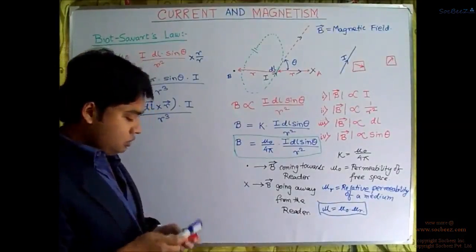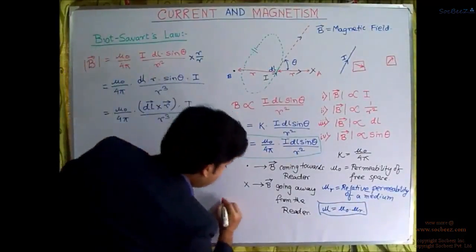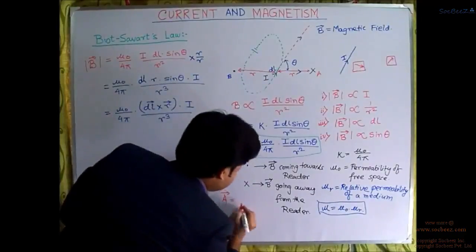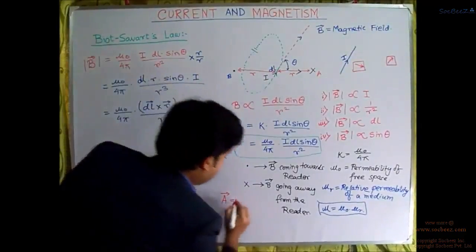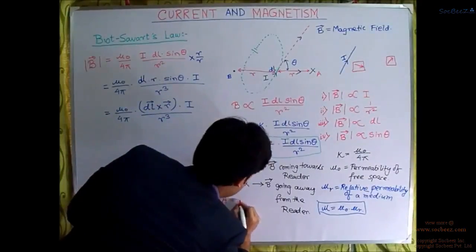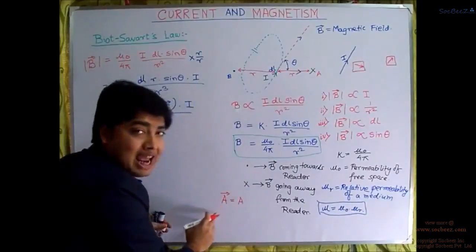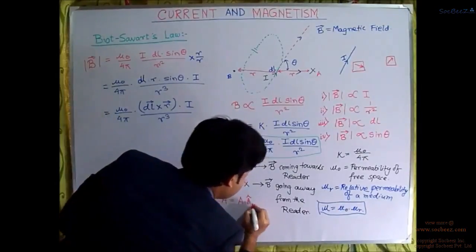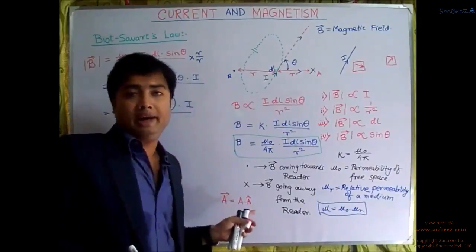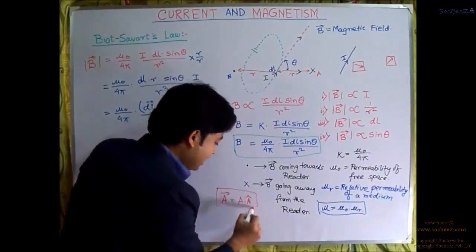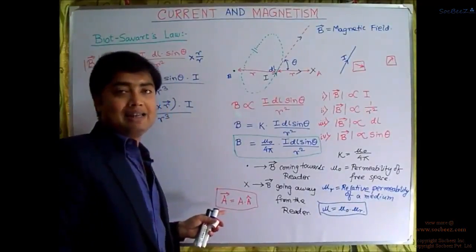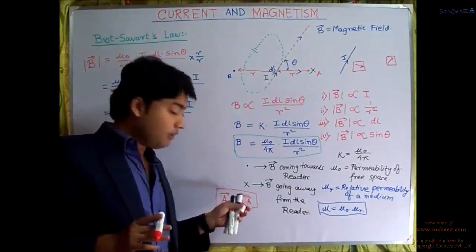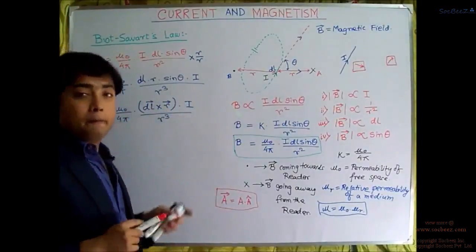And we know from vectors that a vector A is represented as the magnitude of A multiplied by the unit vector along A. Likewise, we can represent the vector r as the magnitude r multiplied by the unit vector of r.